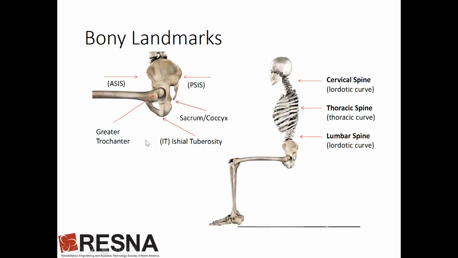So going through the body landmarks to get us all on the same page. This person is looking forward. I'm looking at their left side. So their pelvis, the PSIS is posterior sacral iliac, and then ASIS is anterior. A lot of times we put our thumbs on the ASIS. Sometimes we forget about where to look for the PSIS. When I first started, I always had two therapists at every single eval.